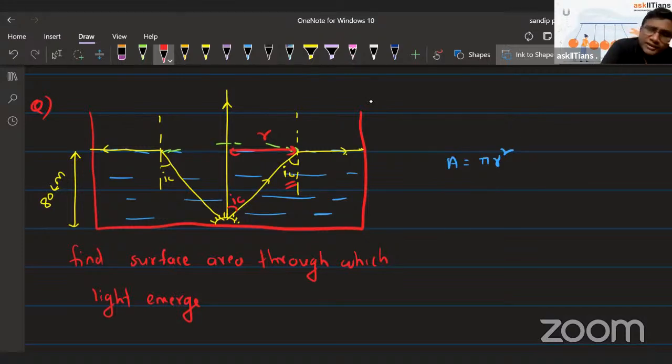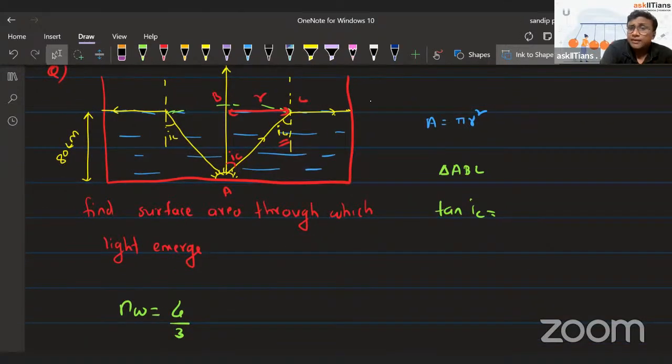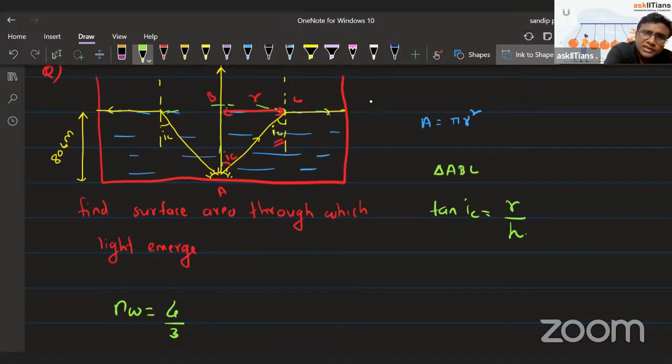Let's call this triangle ABC. From triangle ABC, tan IC is equal to opposite upon adjacent, that is BC upon AB, so R upon H. H is this distance, 80 centimeter, given.